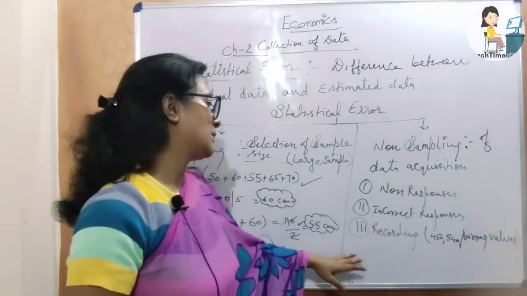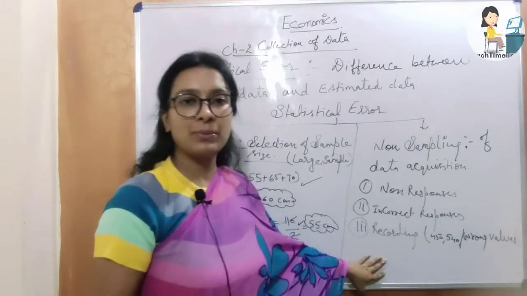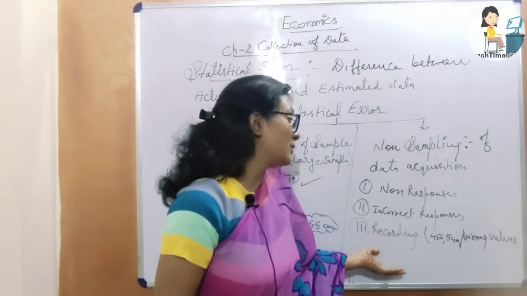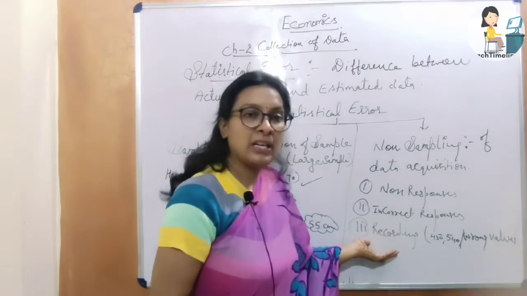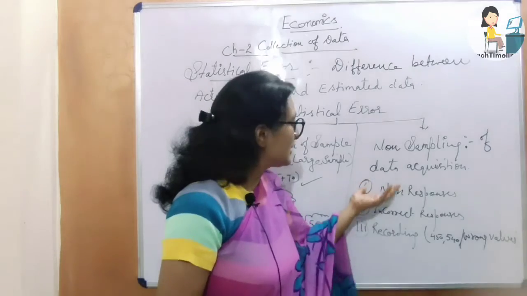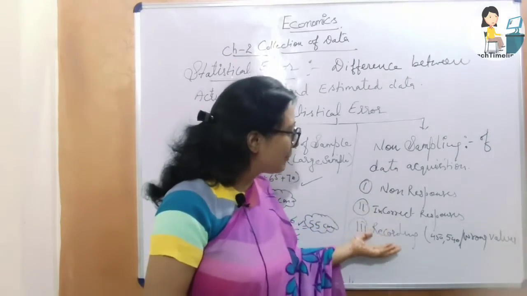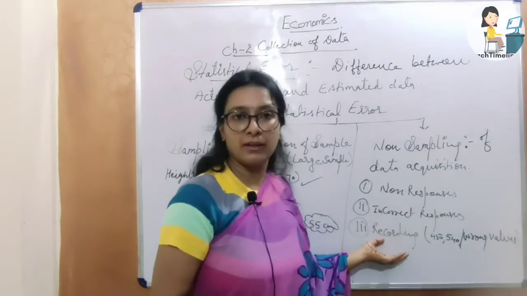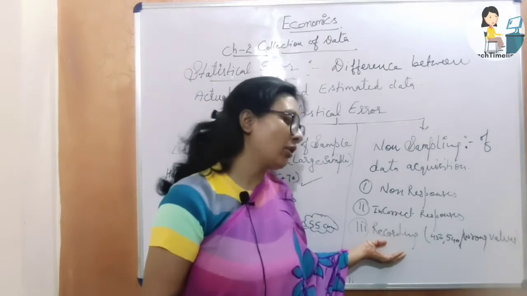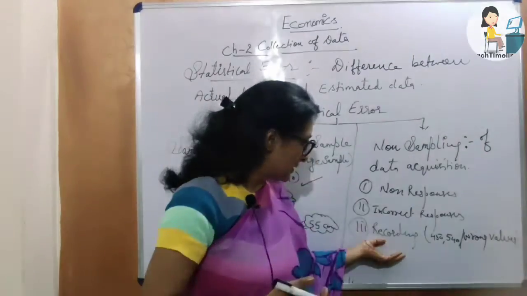Non-responses, incorrect responses, recording errors. Once it happens, it is really difficult to go back and search where the error is and what you have done. And if the answer is not there, then you cannot get that information. So in such a case, non-sampling errors cannot get reduced or minimized.